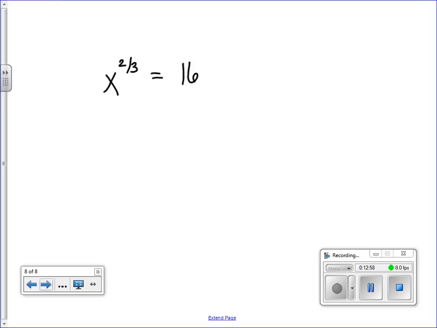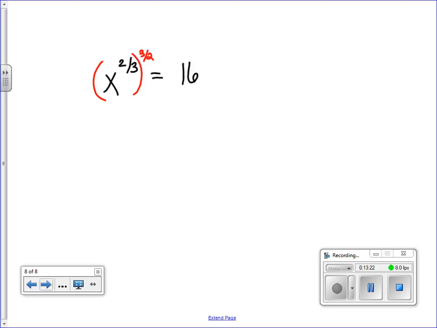In order to get rid of that, I just need to take it to another power that, when I multiply, will equal 1. So what can I multiply 2/3 times to make it equal 1? 3 halves, yes. 2/3 times 3 halves is 1.